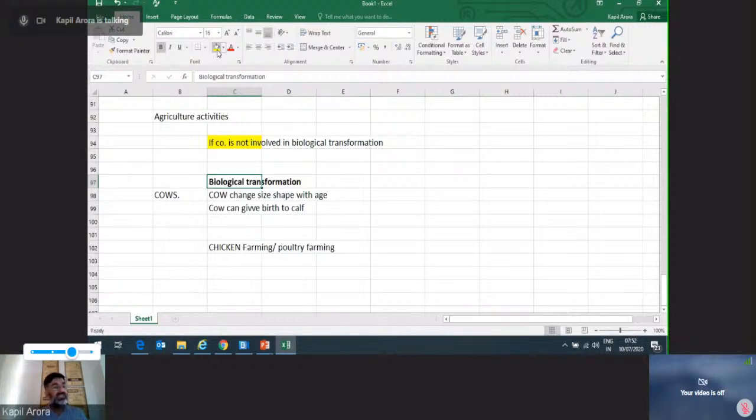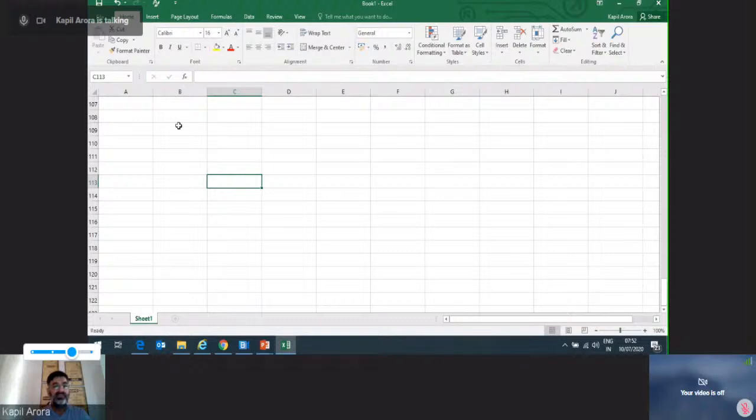if the company is not managing the biological transformation, for example, let's say a fishing company goes to sea and catches fishes. Now, do they have any role to increase the number of fishes? Are they taking care of any activities to increase the number of fishes?